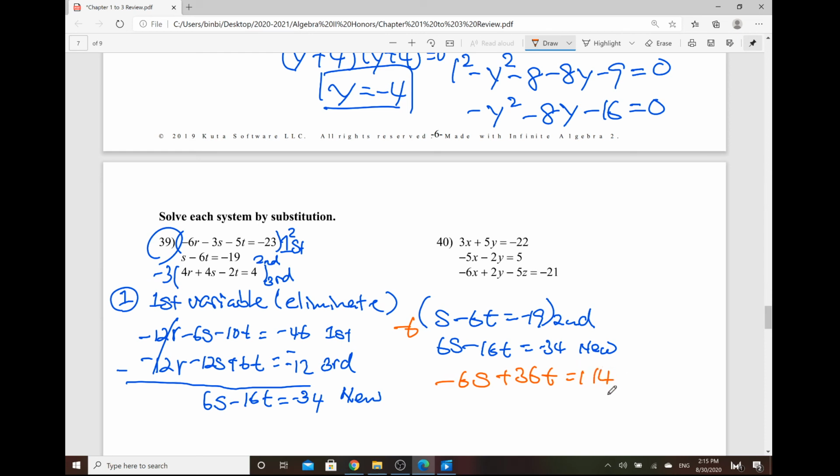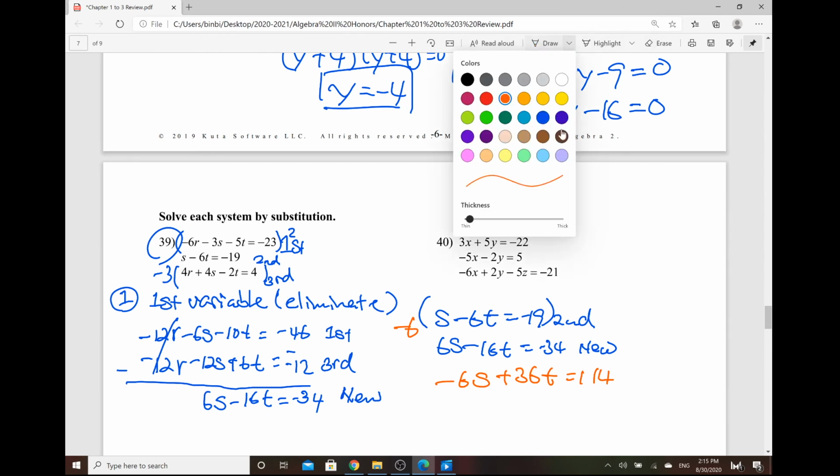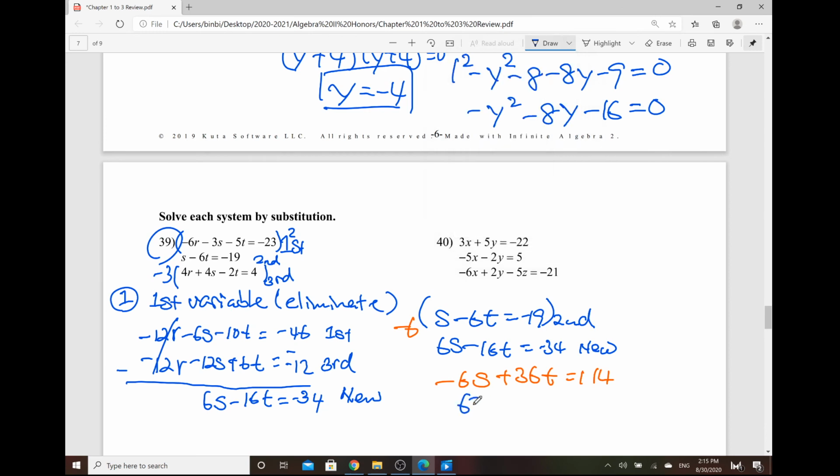Okay, let's check that. So 9 times 6, 54. 1 times 6, that's 6 plus 5, 114. And then for the new equation, just carry that over. So 6s minus 16t equals negative 34.